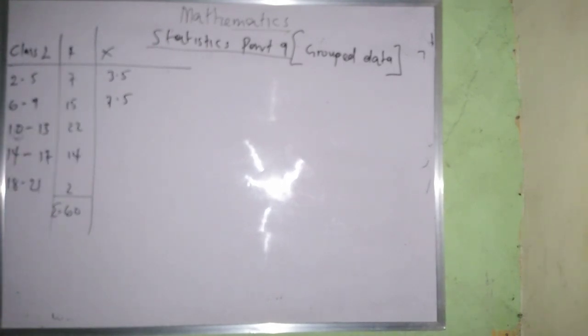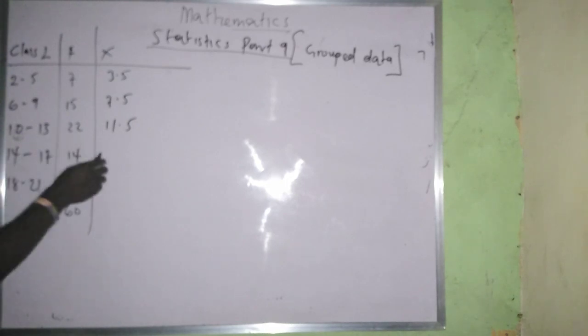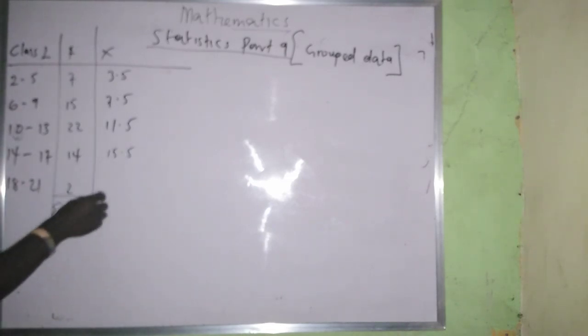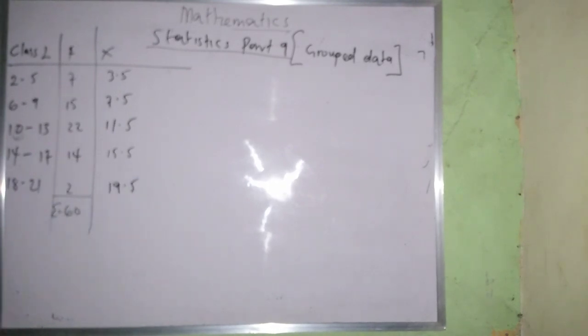So this one will be 7.5, this one 11.5, this also 15.5, and this one 19.5. That is my s.